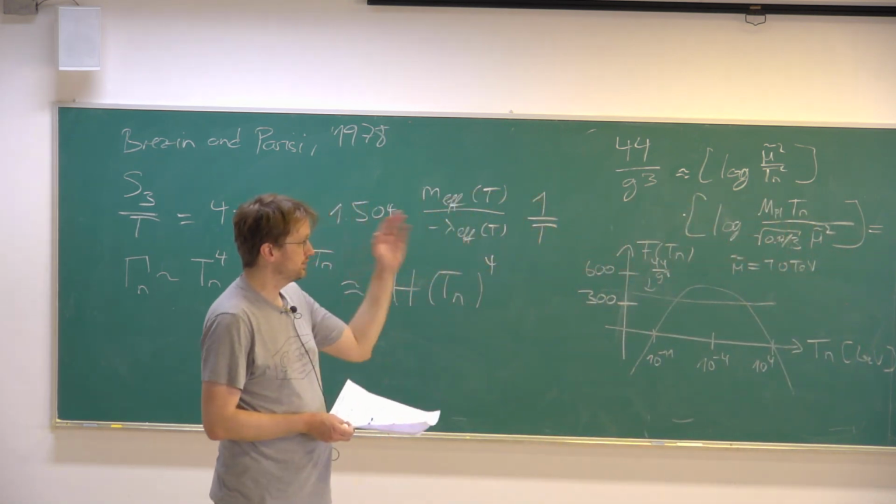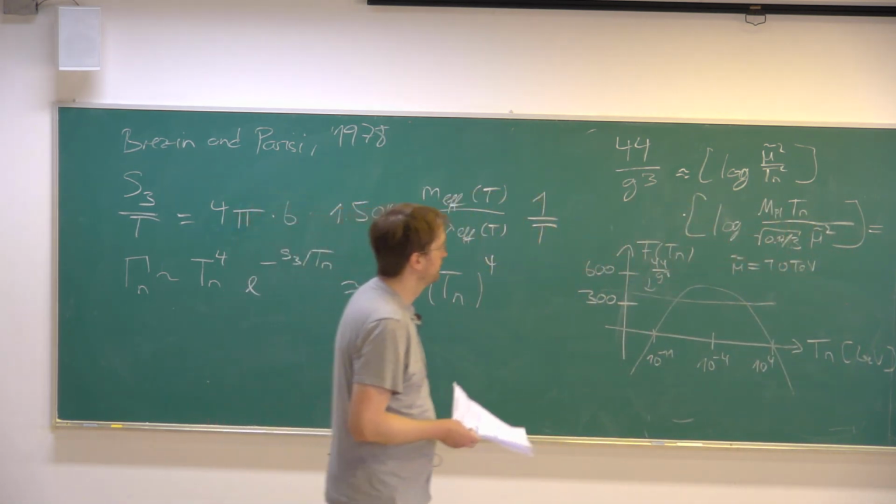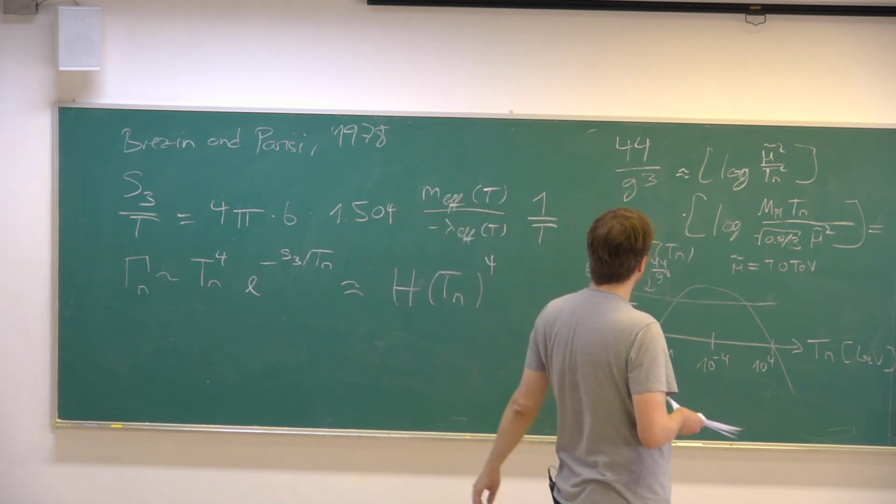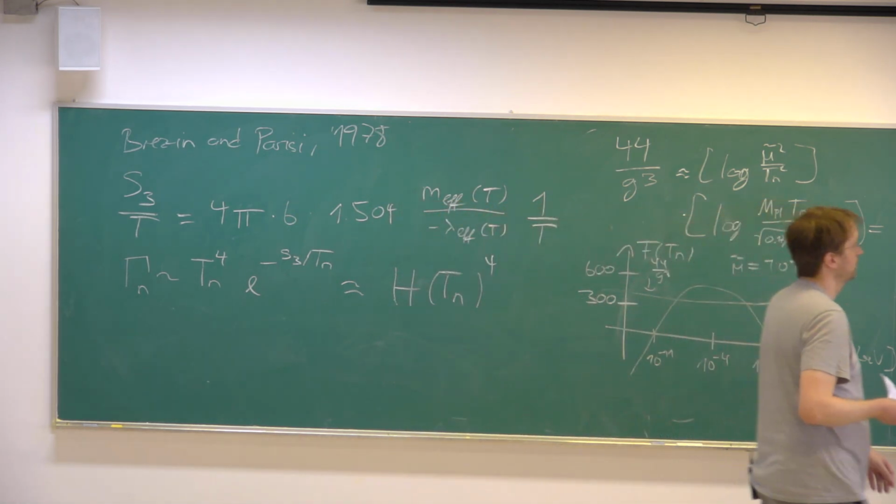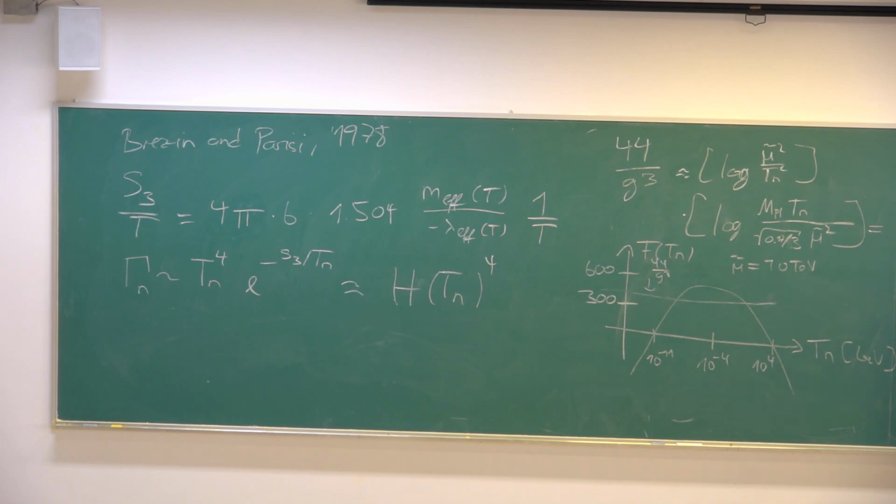Okay, so this is actually the main result of this whole section. It tells you that the smaller the nucleation temperature is, the smaller beta over H becomes. Actually, it's a little bit tricky because you have this 1 over g, I just realized.